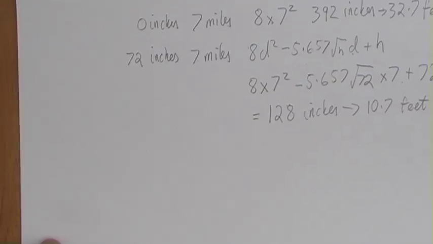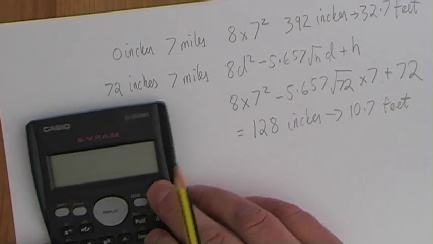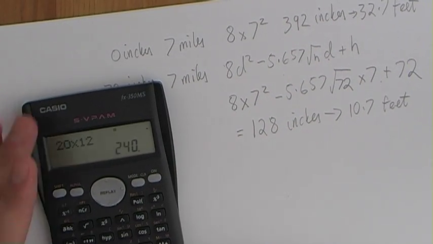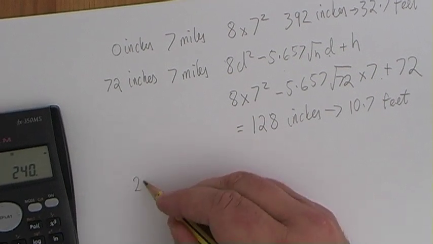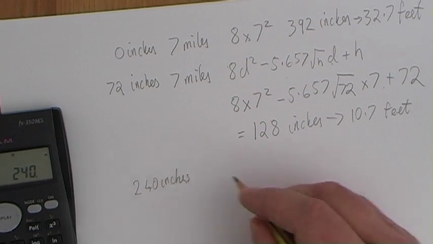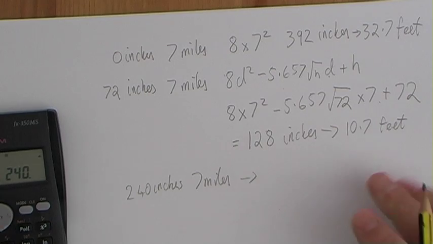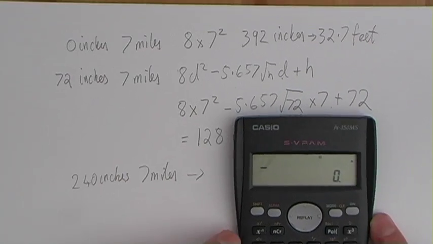So let's just do one more. Suppose you went up 20 feet, so 20 times 12, that's 240 inches. Then I'll just do the calculation quickly.